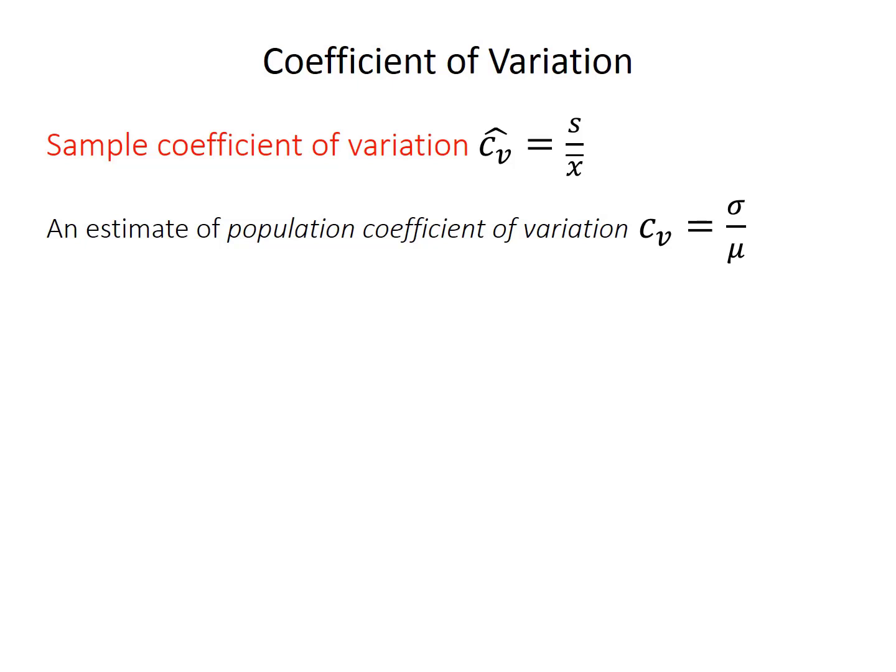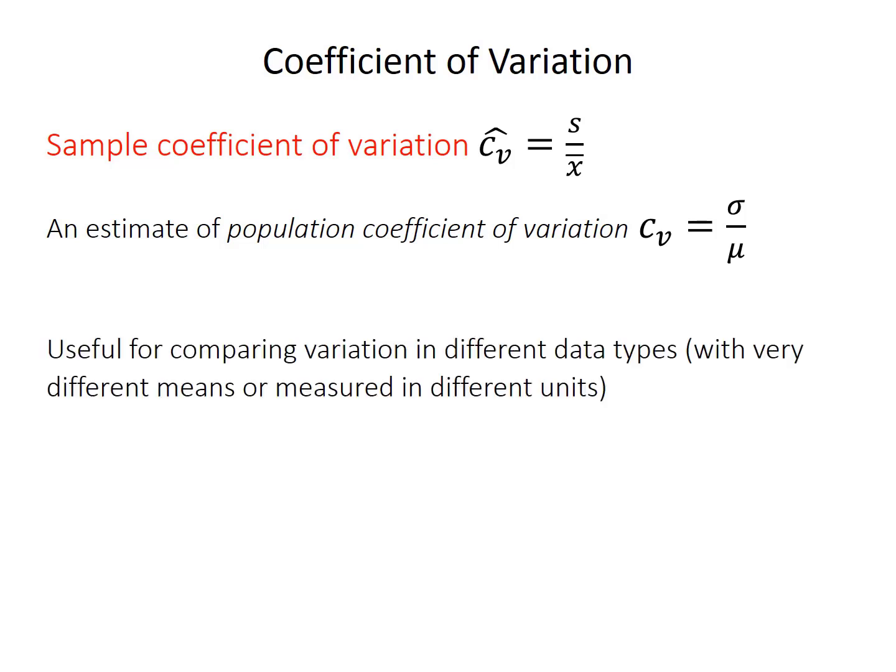So our sample coefficient of variation, CV with a little hat on it, is an estimate of the population coefficient of variation. You don't really see coefficient of variation that often because it's only useful in very specific circumstances. But it can be useful for comparing dispersion if the two measurements have very different units or if their means are very different.